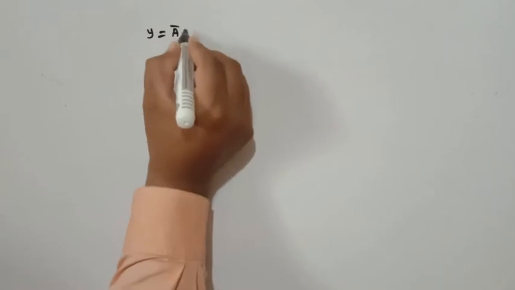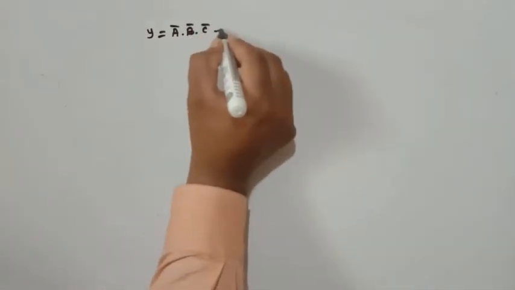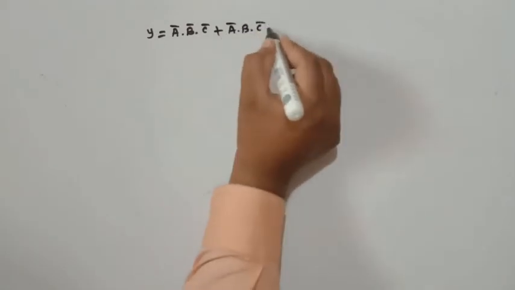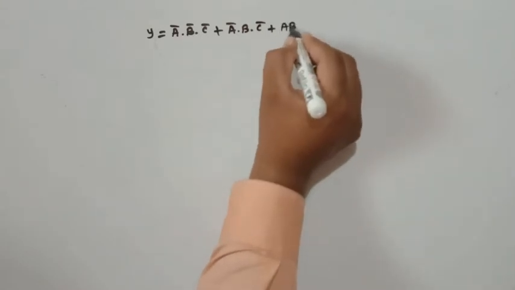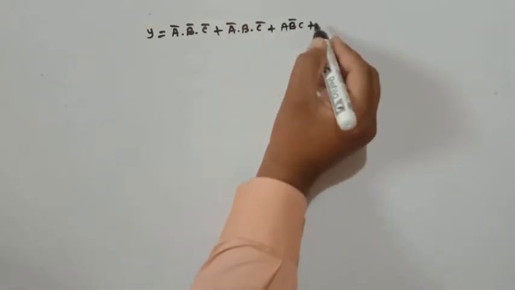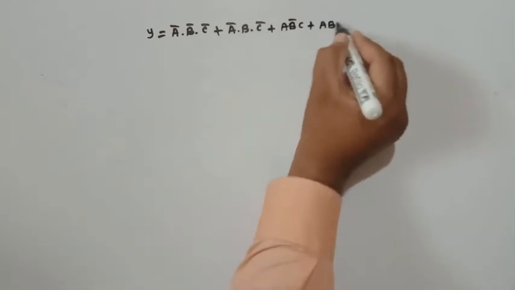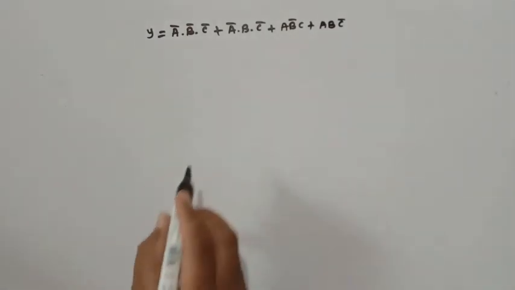The second example is y = a bar.b bar.c bar + a bar.b.c bar + a b bar c + a b c bar. Now again we have to simplify this equation.